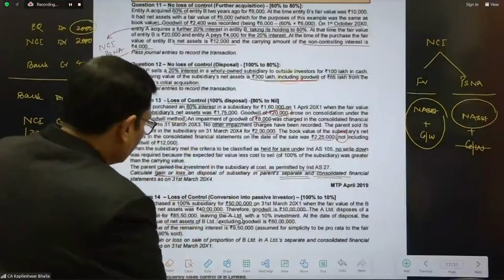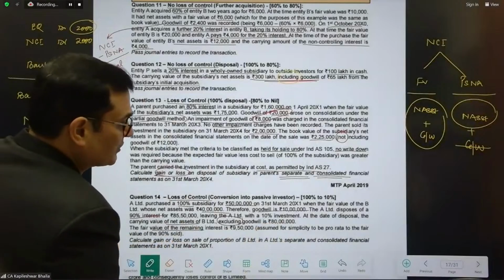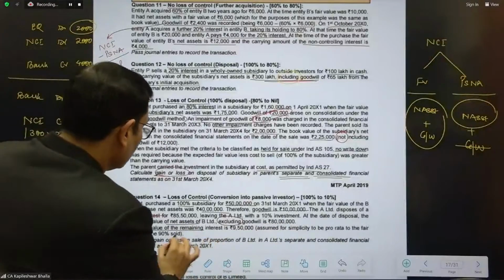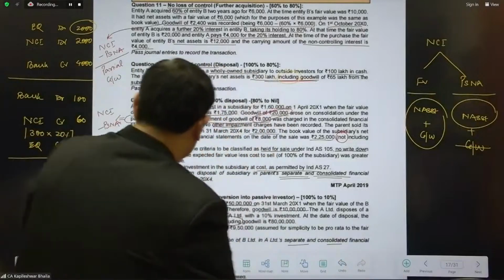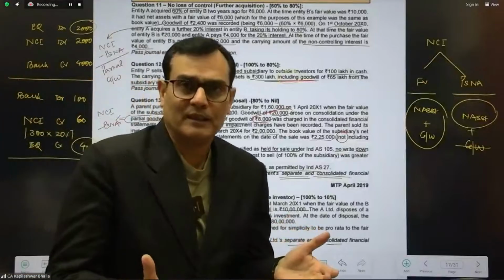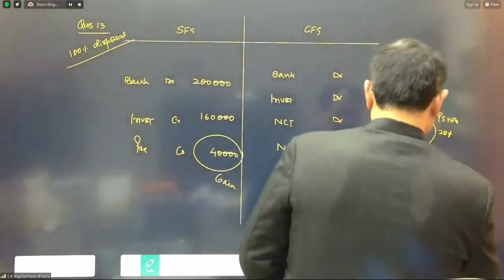The fair value of the remaining investment is given, assumed for simplicity, pro rata of the fair value of the investment sold. You need to calculate the gain or loss in the separate and the consolidated financial statements on March X1. Let's do a similar kind of accounting for this question as well.